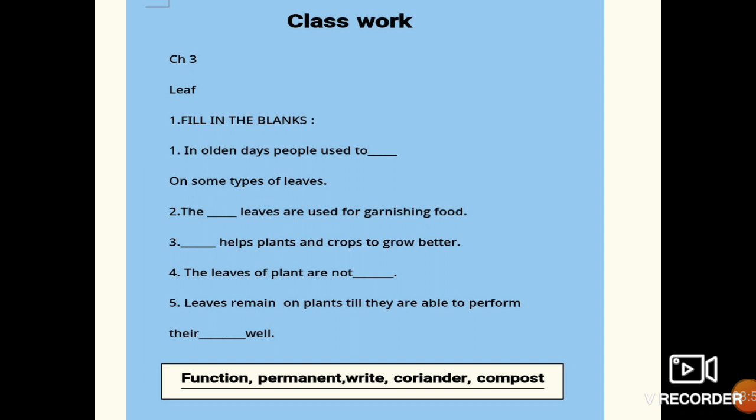The dashed leaves are used for garnishing food. Dash helps plants and crops to grow better. The leaves of plants are not dash. Leaves remain on plants till they are able to perform their dash well. You have to choose the correct answer from the given box.